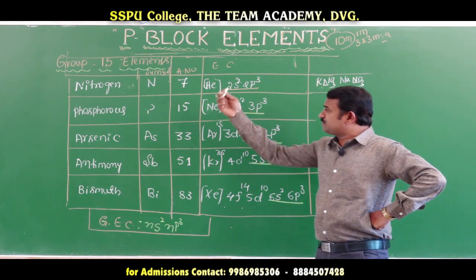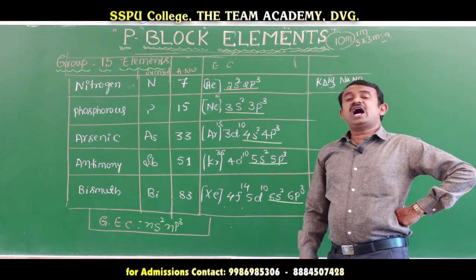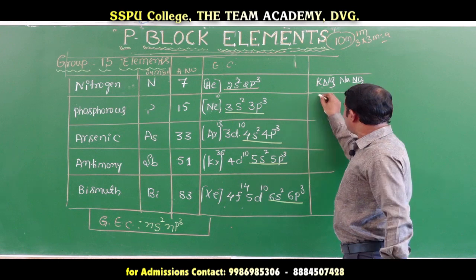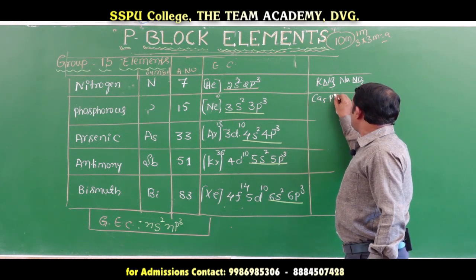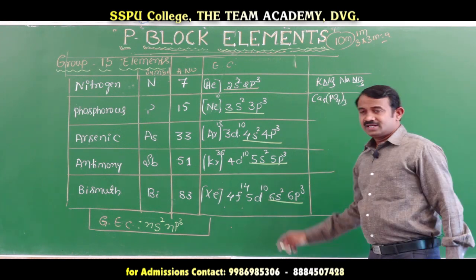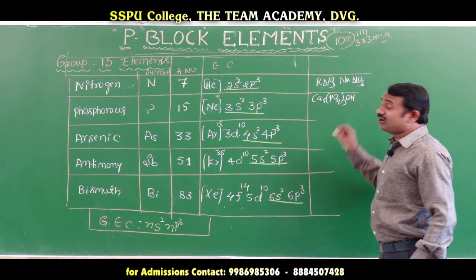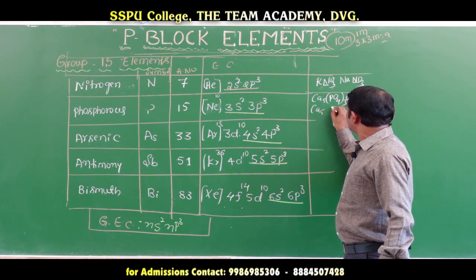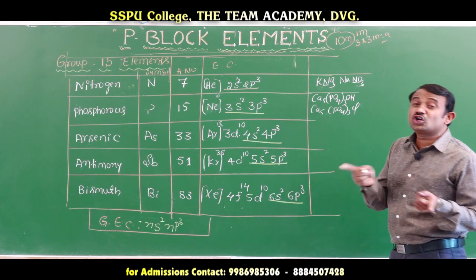Next, the phosphorus. Phosphorus is present in chloroapatite and fluoroapatite. Ca5(PO4)3OH means hydroxyapatite, and Ca5(PO4)3Cl means chloroapatite.